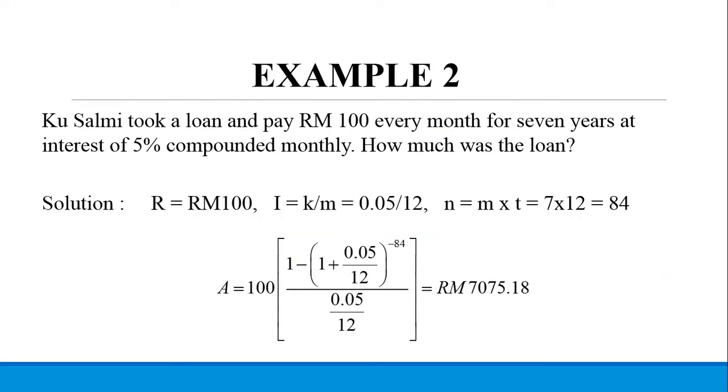This is how you do it: 1 minus (1 plus i) to the power of minus 84, divided by i, which is 0.05 divided by 12, and multiplied by 100. The formula is S equals R times 1 minus (1 plus i) to the power of negative n, divided by i.